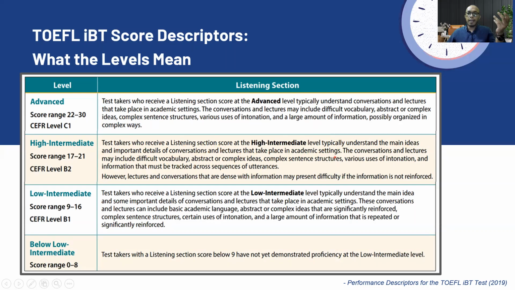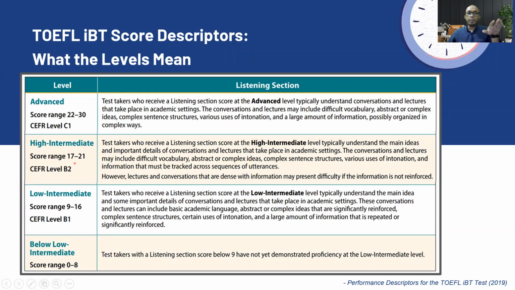And these kinds of listening may include difficult vocabulary, abstract or complex ideas, complex sentence structures, various use of intonation, etc. So you can see that this is not an easy type of listening material.